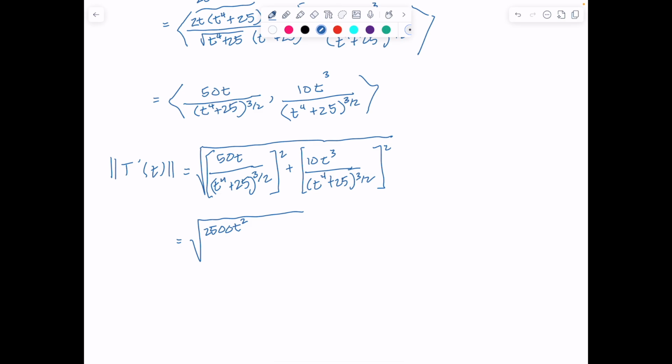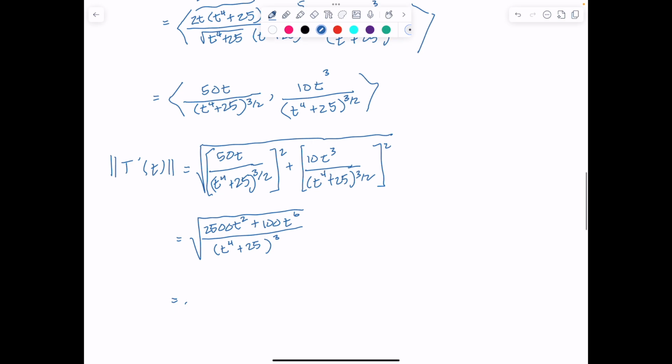They're both going to have the same denominator, so we'll have plus 100 t to the 6 over t to the fourth plus 25 cubed. So I can factor out from the numerator 100t squared.